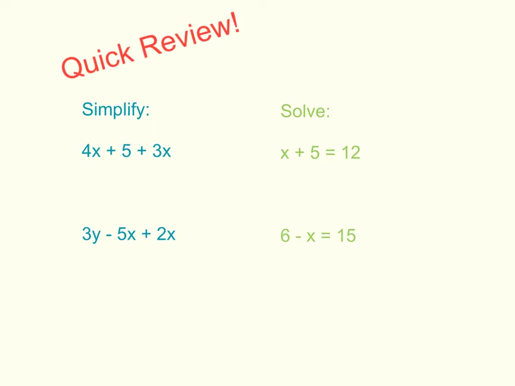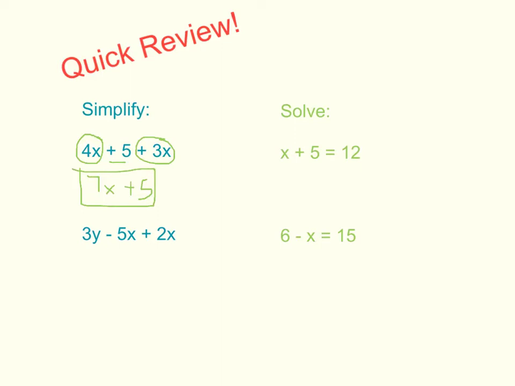Before we get into this lesson, I just want to do a very quick review of two different concepts. One, simplifying expressions when you have variables. Remember, we combine like terms. 4x plus 3x is 7x, and then plus 5. A common mistake is that students add those together to say 7x plus 5 is 12x, but you cannot combine them, and it just stays as 7x plus 5.